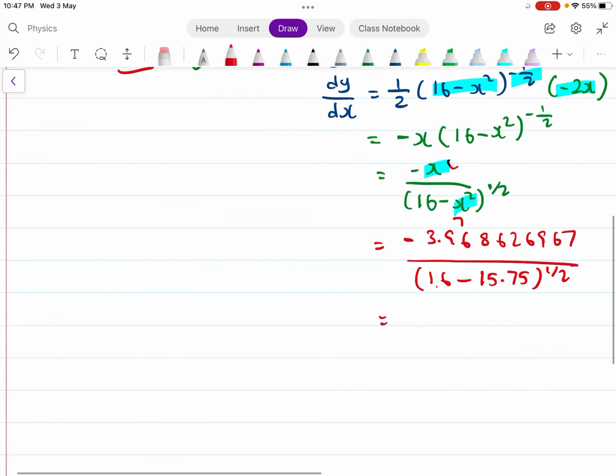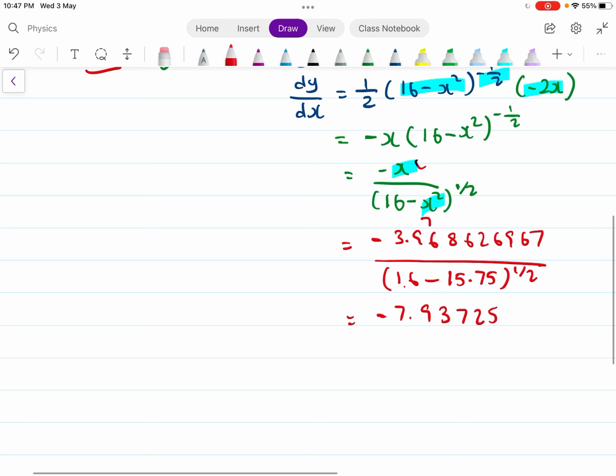Then I have you sub in. So the negative 3.968626967 divided by the square root of 0.25. So you will get roughly negative 7.937253933. That is your dy/dx. Then you sub inside.